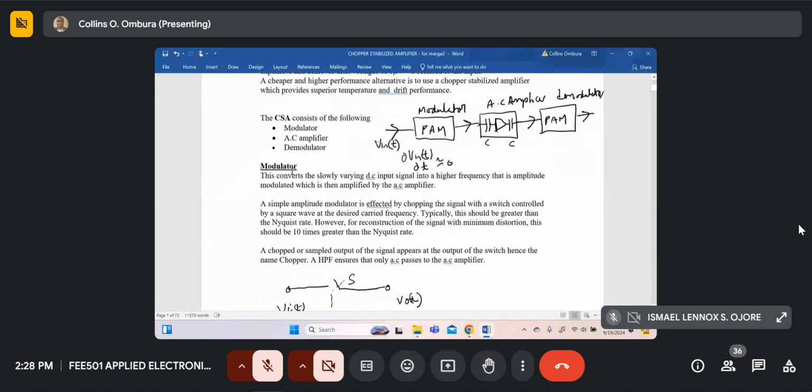Now, normally I ask this in exam and very, very few students get it right. Now, the modulator converts the slowly varying DC signal into a higher frequency signal that is amplitude modulated, which is then amplified by the AC amplifier.